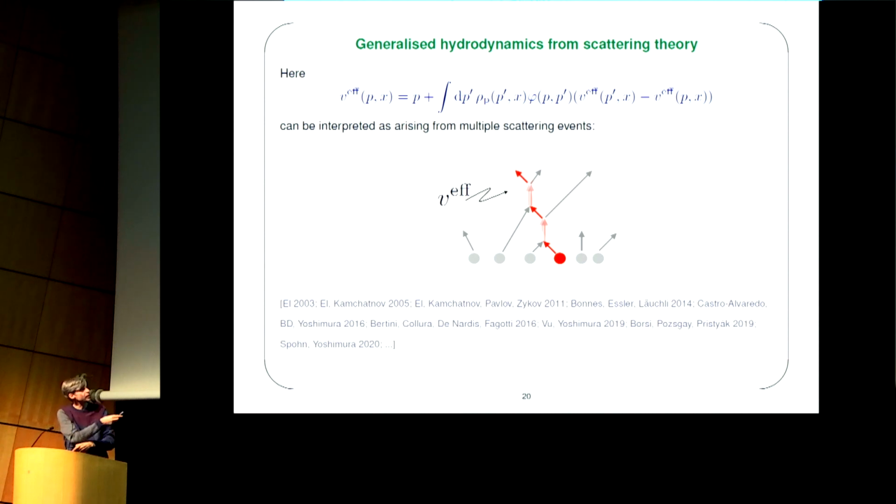You can evaluate that difference by a simple back-of-the-envelope calculation, where this difference of Vf is the probability that two particles of momentum p and p prime collide with each other and accumulate a phase shift. This is the density of particles p prime, and this is the phase shift that particle p acquires when it meets a p prime. So this is essentially the velocity that a tracer particle following the asymptotic momentum p would see as it goes through the gas.